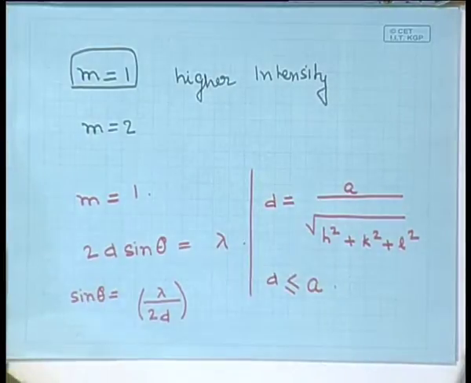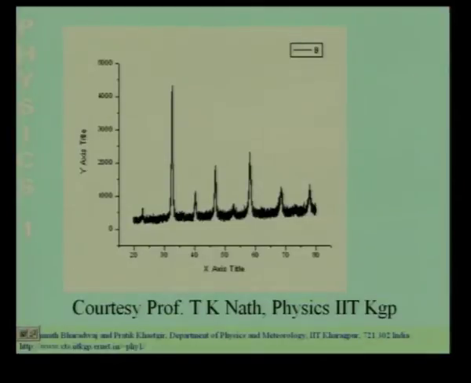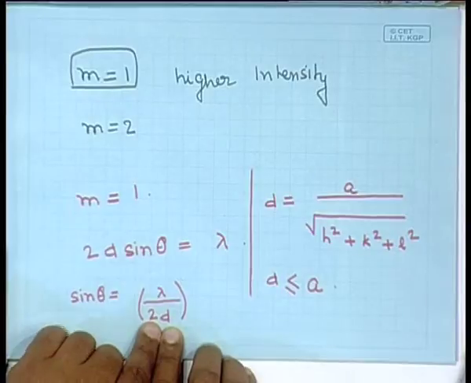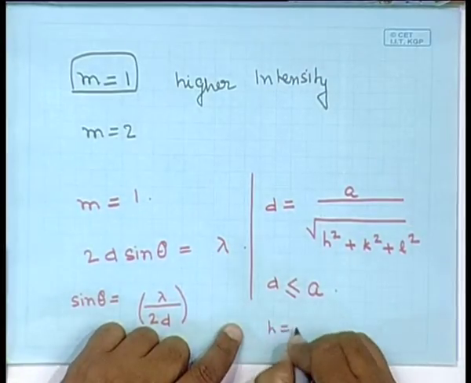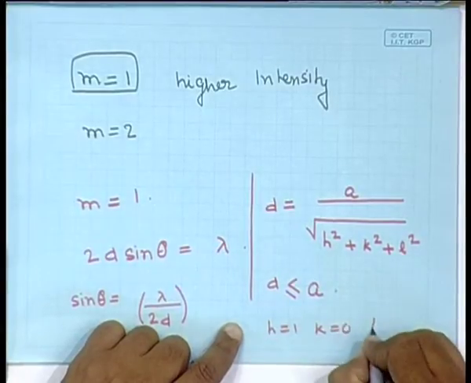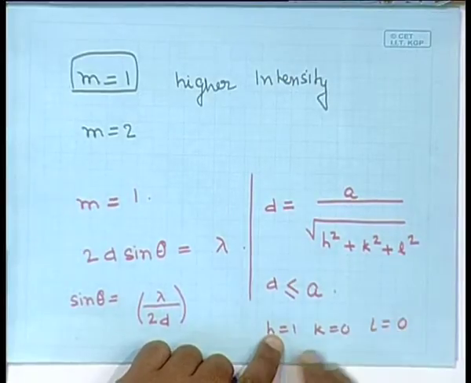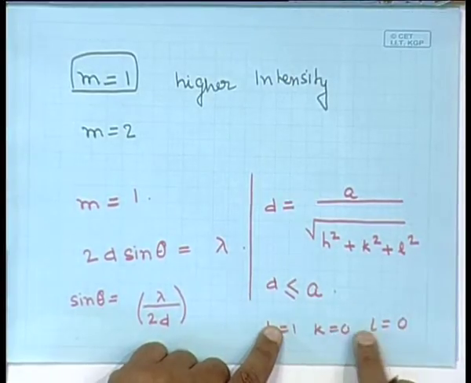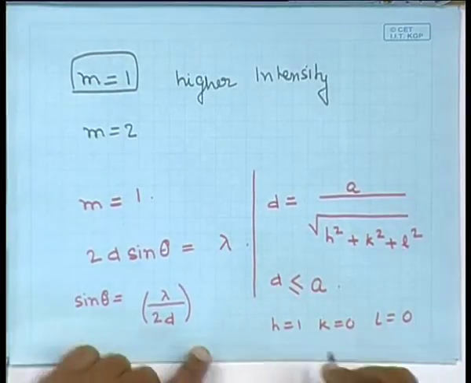So, we can interpret the smallest possible angle theta as arising due to the largest possible value of d, and the largest value of d is when h equal to 1, k equal to 0, l equal to 0, or h equal to 0, k equal to 1, l equal to 0, or h equal to 0, k equal to 0, l equal to 1. All three of these will give you d equal to a.